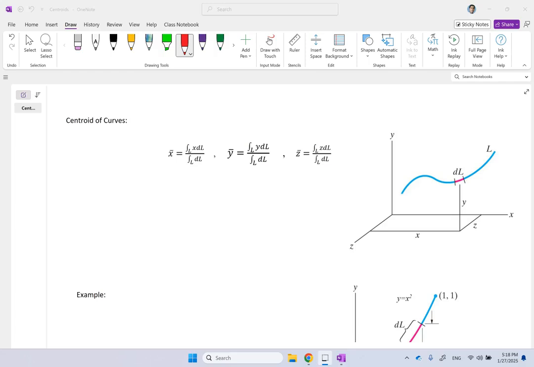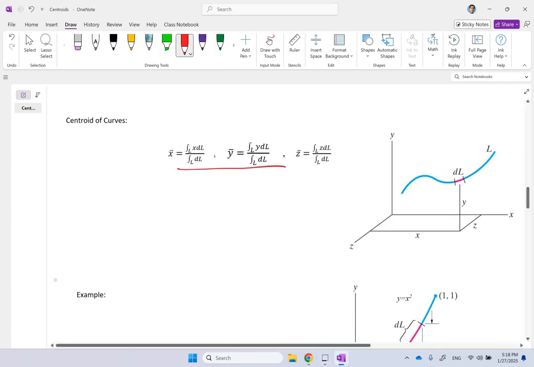Now, it cannot be z as a function of x and y because that is a surface, but it could be a parametric curve that x, y, and z are functions of some theta, like a helix or anything. The centroid of the curve can have 3 coordinates in general, or if it's 2D, it can only have 2 coordinates.